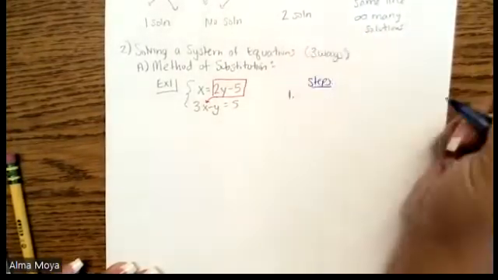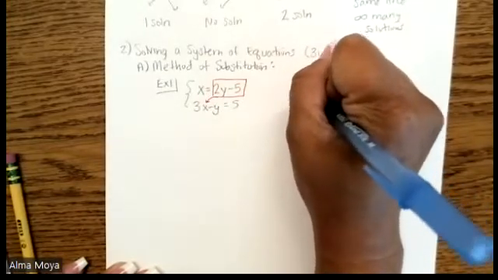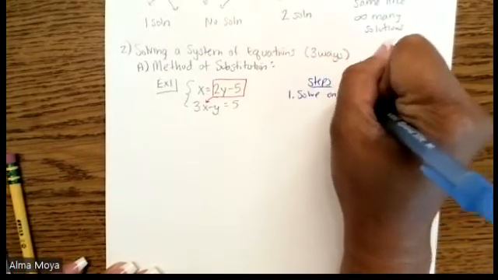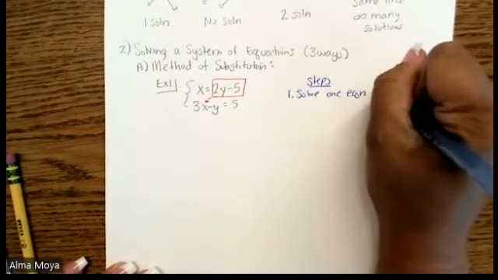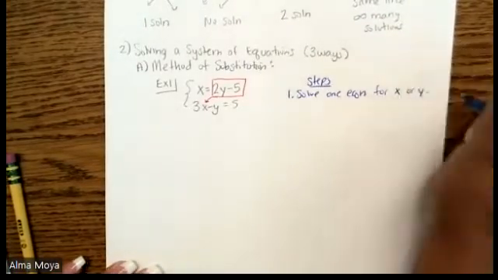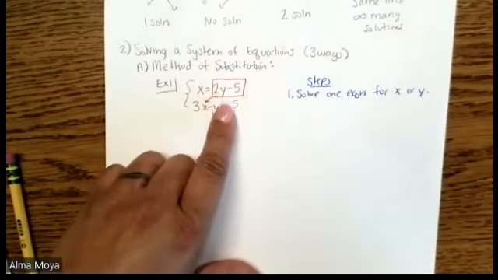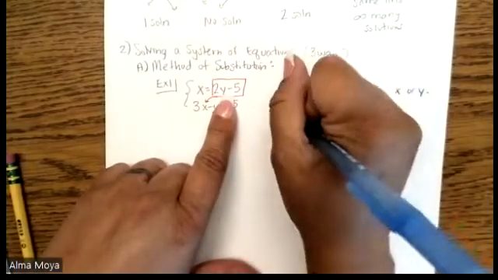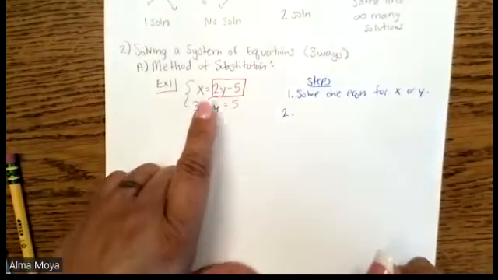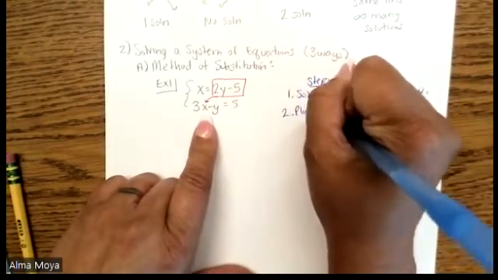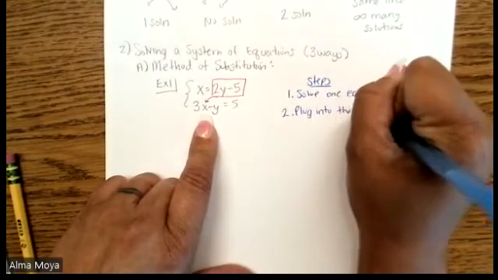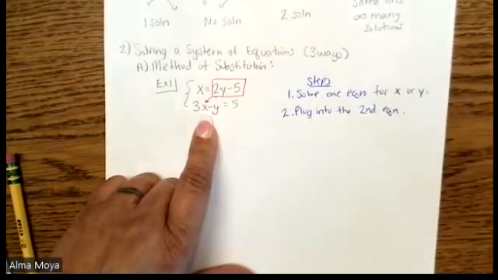So the first step is we have to solve one equation for x or y. It's already done for me. It says x equals. So since that's already done, I'm now going to plug that into the other equation. So now you're going to plug into the second equation.